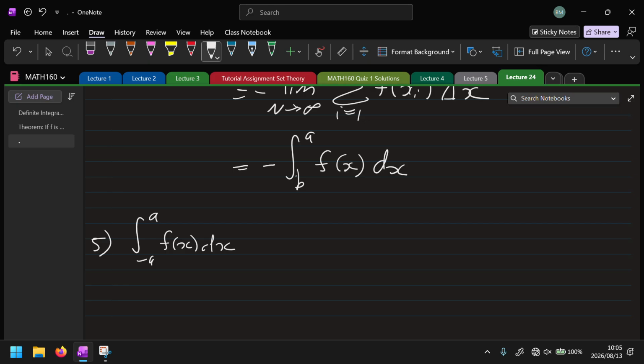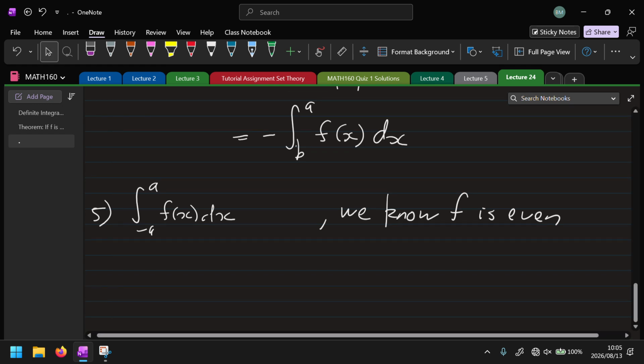But there's an extra thing we know. We know f is even. So when we're doing our calculations, we better be using this fact. If you're leaving this out in your calculations, you run into a problem there.